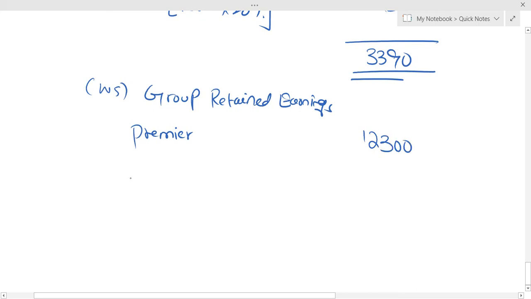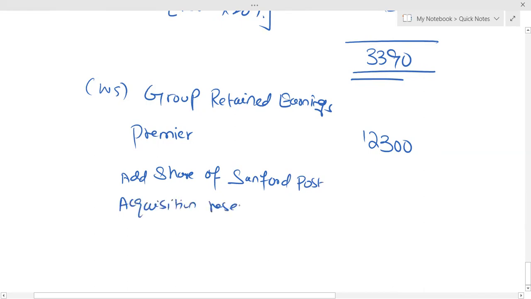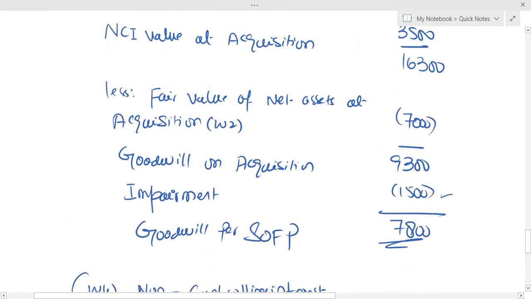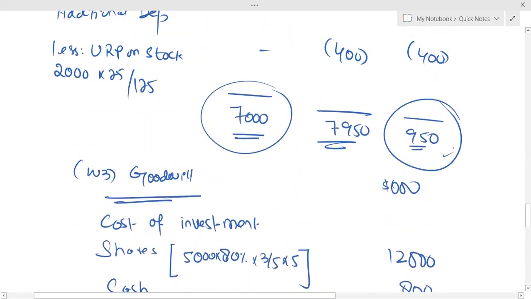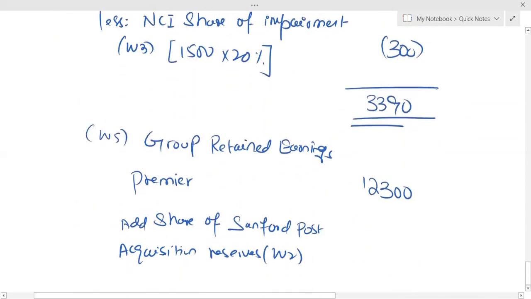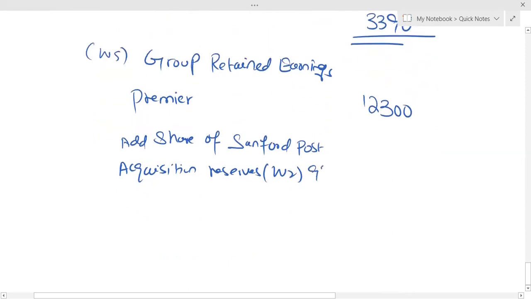Now simply add the share of Sanford's post-acquisition reserves. You will get this value from working 2. In working 2, it is 950. 80% belongs to the parent because the parent's holding is 80%.